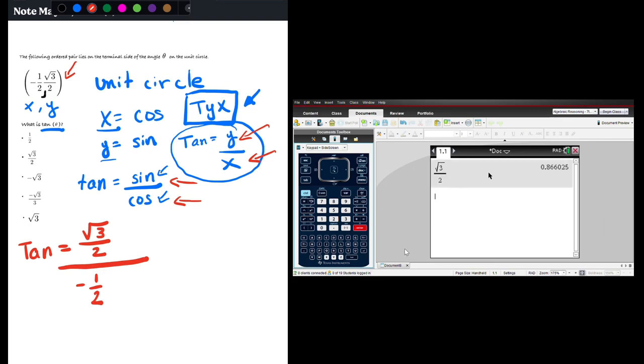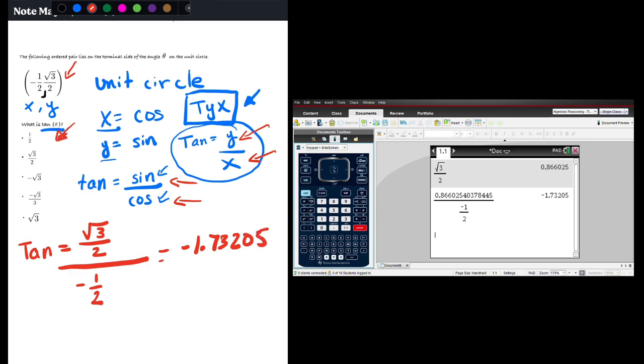Then I'm going to divide that, and I put it in parentheses here because if you don't, sometimes you can get a little funky answer. It tries to calculate a different way. Just to be on the safe side, I put the parentheses. So it's this top part divided by 1/2. When I hit enter, that gives me negative 1.73. So I'm going to write this down on my tablet: negative 1.73205. Now, do I see that answer in my answer choices?